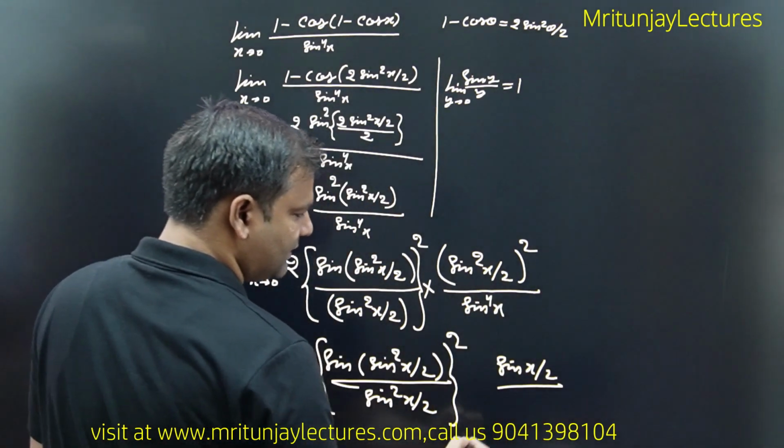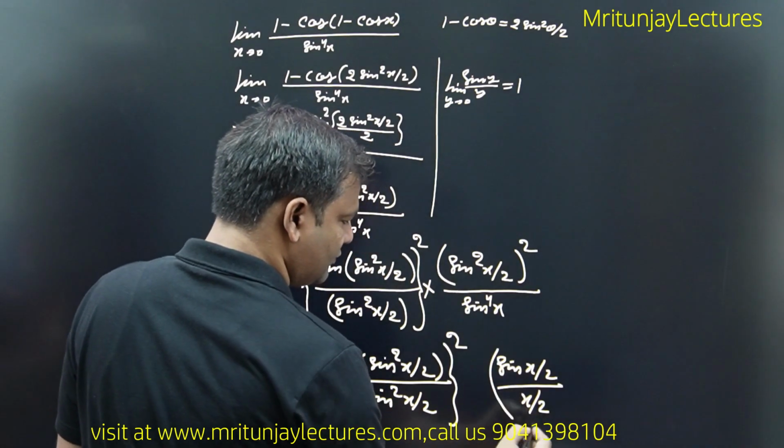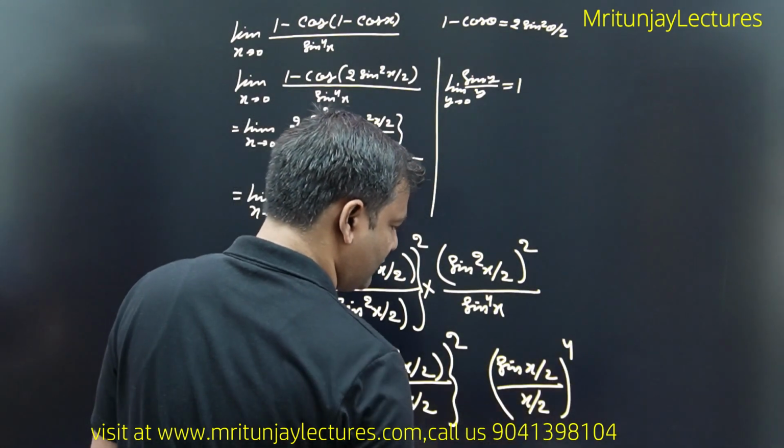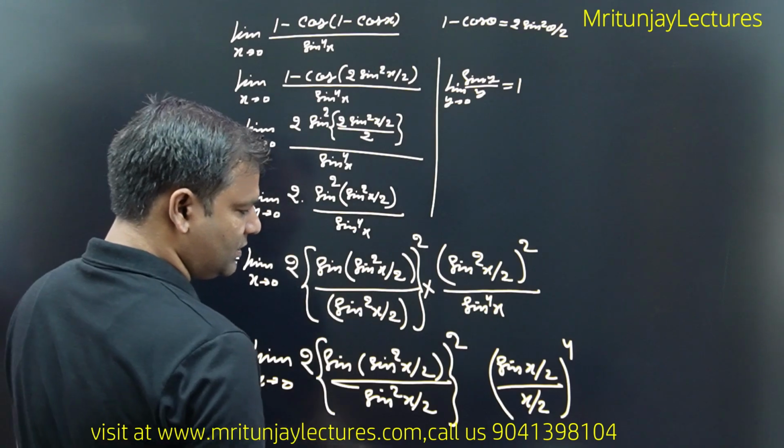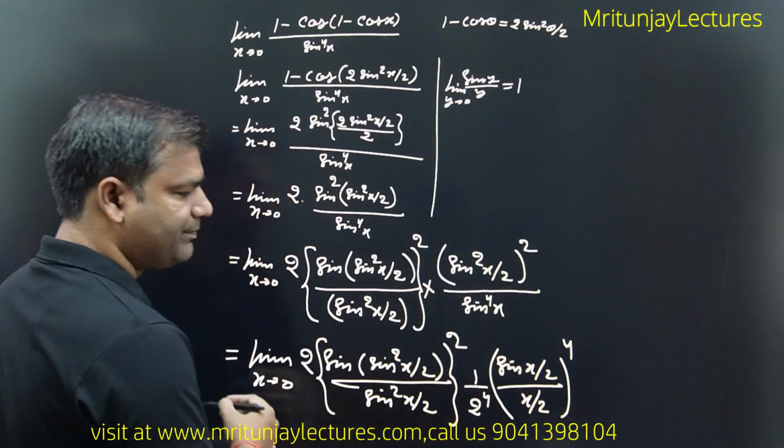Basically, x by 2 to the whole power 4 means 2 to power 4 appears here.